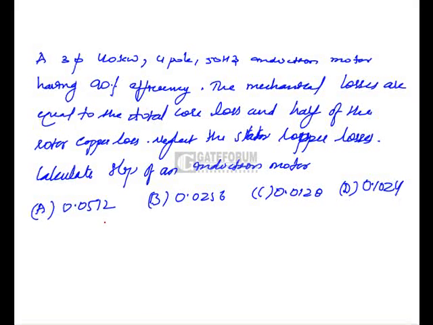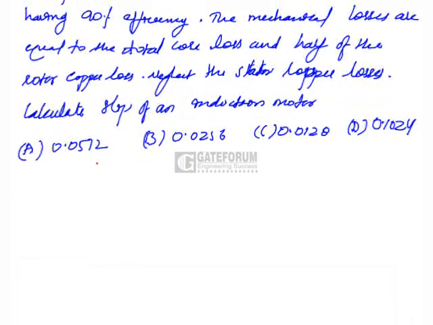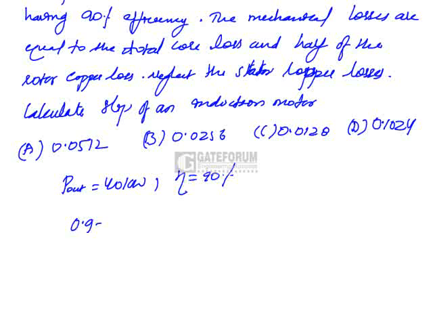Next question: a 40 kilowatt, 4-pole, 50 Hz induction motor having 90% efficiency. So power output is equal to 40 kilowatt. Efficiency is given as 90%, so 0.9 is equal to output by output plus losses.